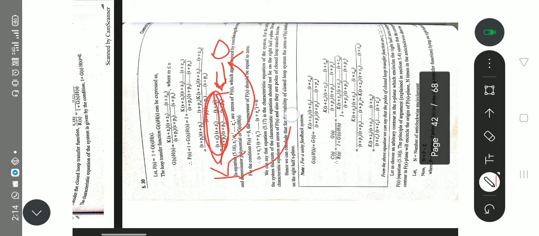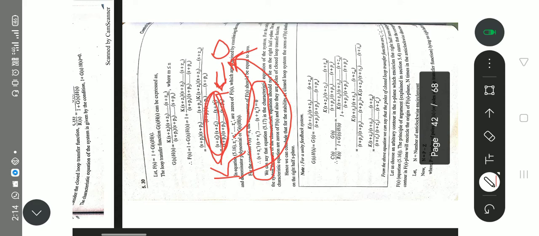The K value is also taken to this side, so only I am getting (s plus z1 dash) into (s plus z2 dash) and so on, (s plus zn dash) is equal to 0. This is F(s) is equal to 0. Okay, this is the stability condition.